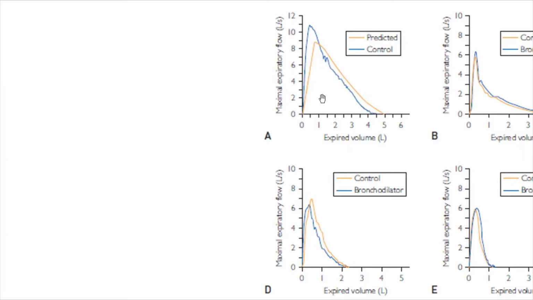Okay, so curve A appears normal. The one with the orange is the predicted. Your patient is the one with the blue. So it is a really good curve, good start. He reached the peak, then a linear decline down to the flow. So this is a normal curve.